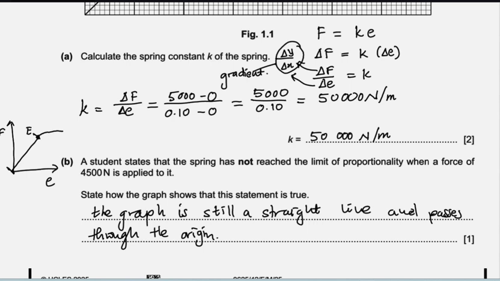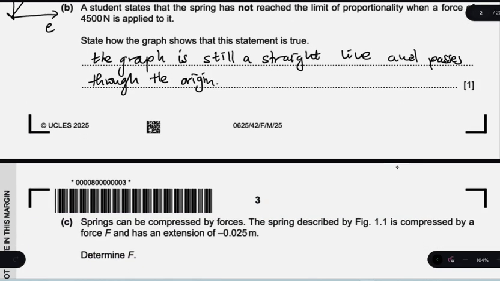After that, the graph will usually bend towards the extension axis. This is where we have the elastic limit and probably plastic deformation, depending on how far the wire or the spring has been stretched. As long as it's still a straight line, we still obey Hooke's law. I hope you remember that from your notes.